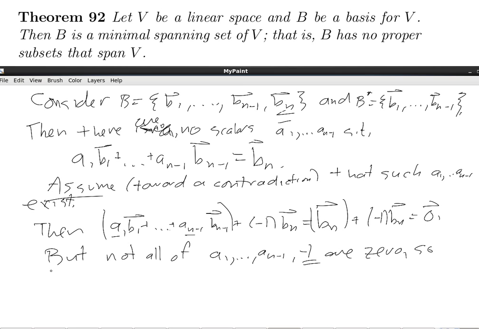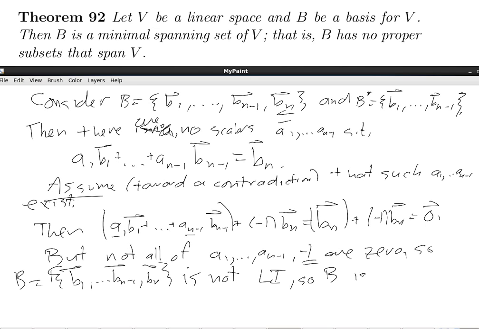So B1 up to Bn minus 1, Bn is not linearly independent. And by the way, this is equal to B. So B is not a basis. This is a contradiction. Why is it a contradiction?